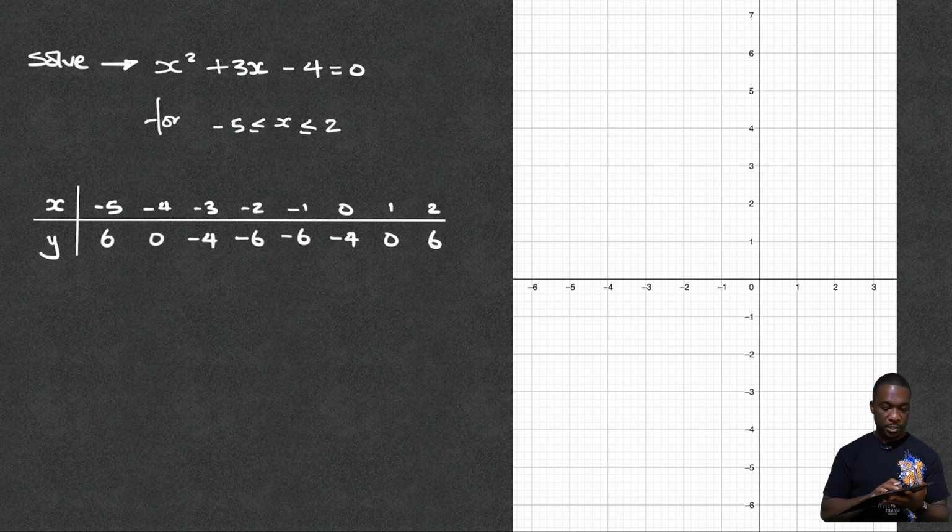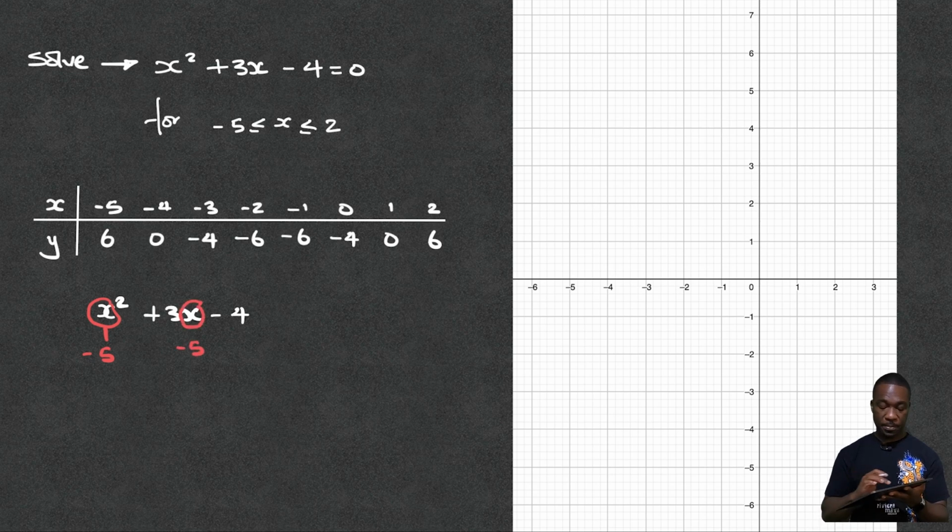So on the first one, when x is equal to -5, what I'm going to do is substitute -5 everywhere there is x. My function says x squared add 3x take away 4. What I'm going to do is replace this x for -5 and replace this x for -5.